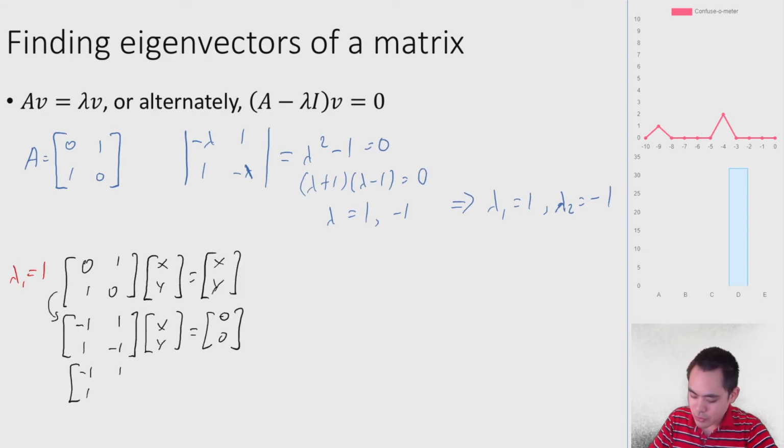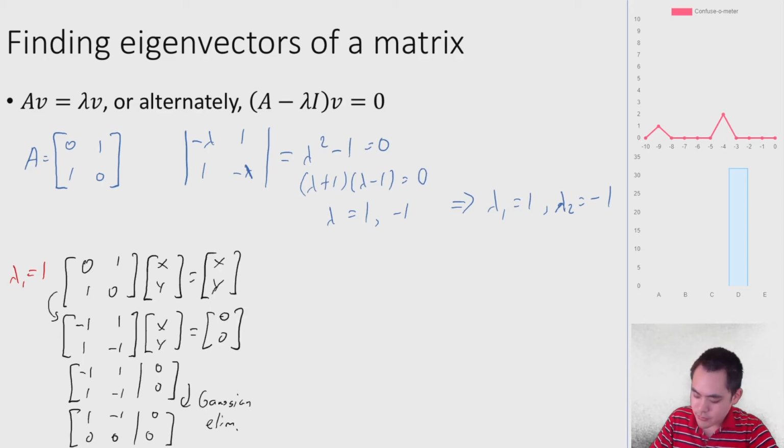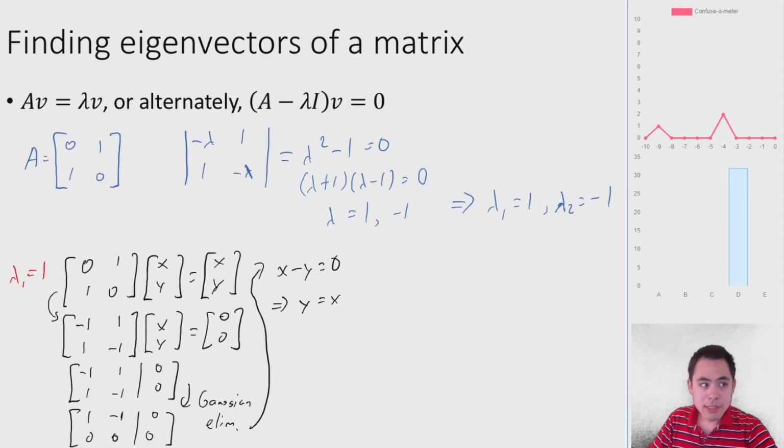We can solve this using Gaussian elimination. So [minus 1, 1; 1, minus 1] augmented with 0, 0. When we do Gaussian elimination, you end up with [1, minus 1; 0, 0] and 0, 0. Now what does this mean? When we convert it back into vector form, x minus y is equal to 0, and so y is equal to x.